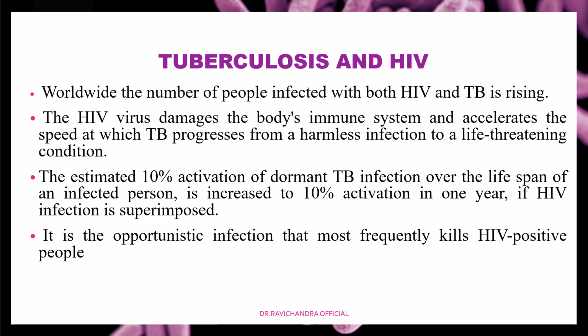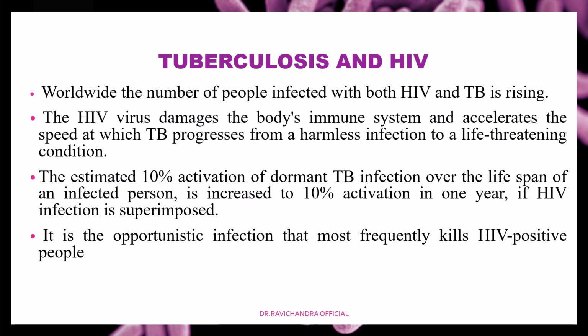Tuberculosis and HIV. This is the greatest combination I ever felt or seen. Worldwide, the number of people infected with both HIV and TB is rising day by day. The HIV virus will damage the body's immune system and accelerates the speed at which TB will progress from a harmless infection to a life-threatening condition.